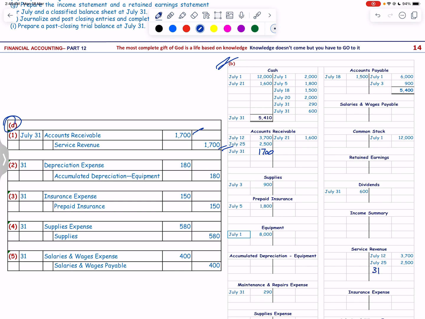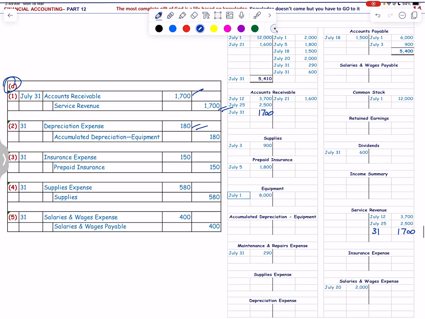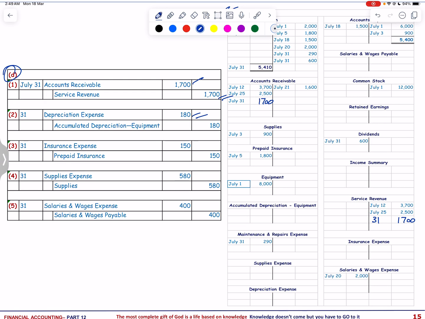Then we have depreciation expense, and depreciation expense is 180. Again, 31st of July, 180. Accumulated depreciation, 31st July, 180.